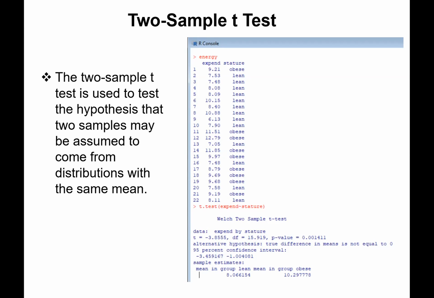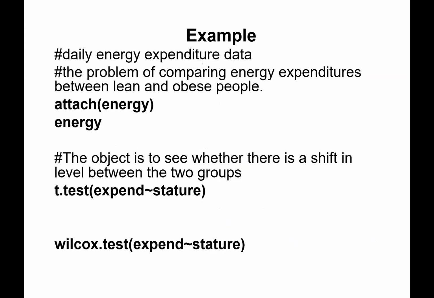Then we can calculate a p-value to see if we have a difference between these two groups. For example, here we have two groups, and we can use the t-test to test whether there is a shift in level between these two groups.